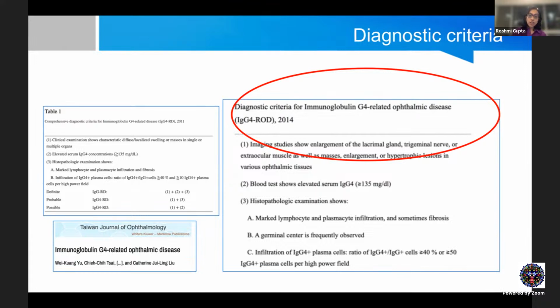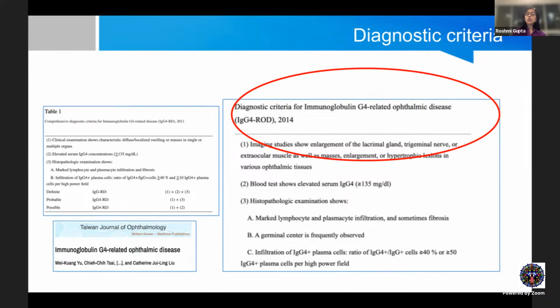And for the general IgG4 disease, systemic IgG4 disease, we are talking about more than 10 IgG4 positive cells per high power field. However, when we look at the criteria for ophthalmic manifestation, the imaging would need to show lacrimal gland or trigeminal nerve or extraocular muscle, as well as masses.